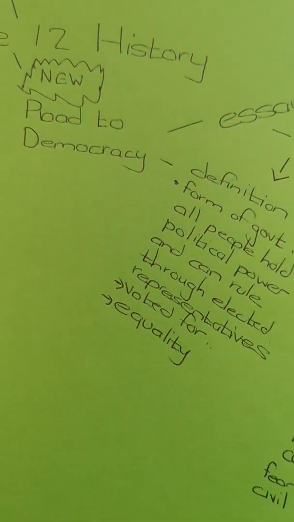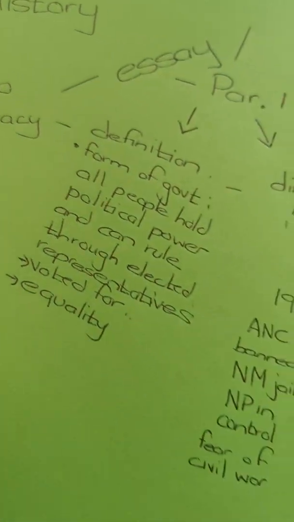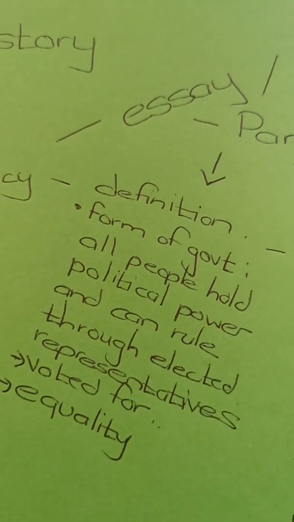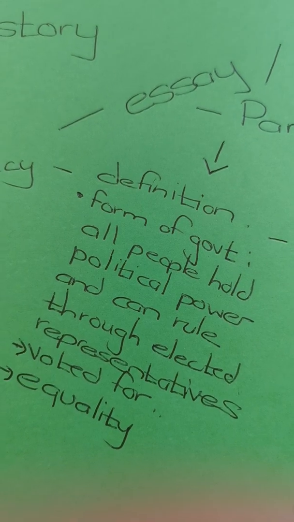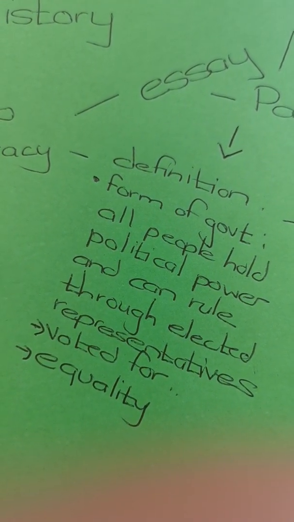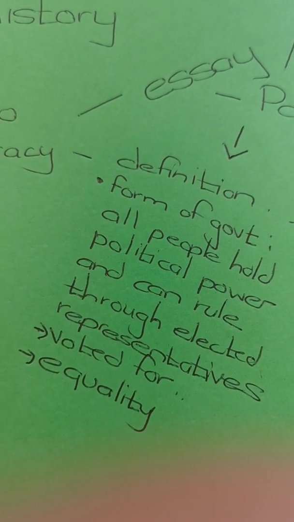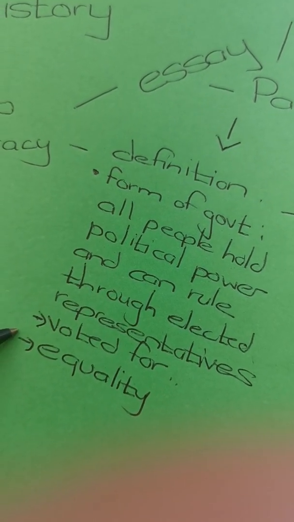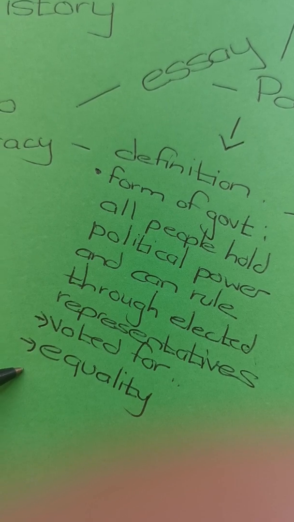Now, if we're going to do Road to Democracy, we obviously have to know a definition for Road to Democracy. So a democracy is a form of government where all people hold political power and can rule through elective representatives. The main thing is that in a democracy, people vote for their leaders and there is equality.